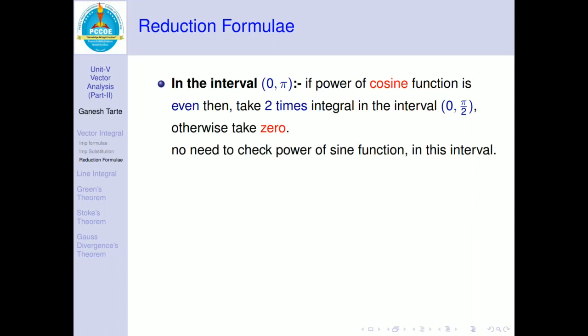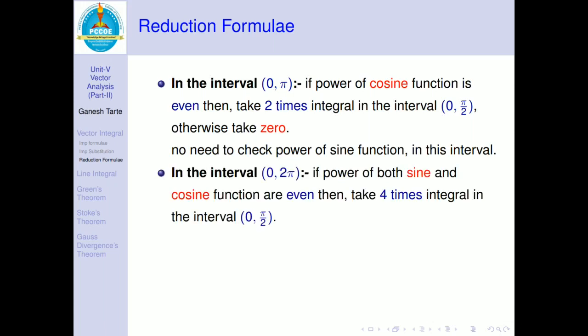And for the sine function, there is no need to check the power of sine, because we know that in 0 to pi by 2 the sine function is positive, while the cos function is half positive and half negative. In the interval 0 to 2 pi, we have to check the power of both sine and cosine functions. If both powers are even, then we take 4 times the integral in the interval 0 to pi by 2, otherwise 0. Because we know that sine and cosine both functions are half positive and half negative over the interval.